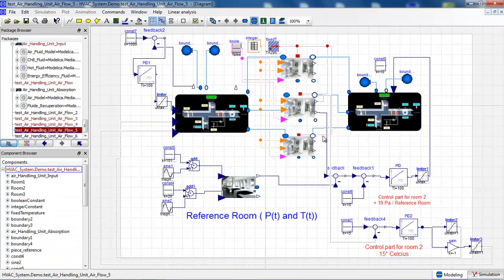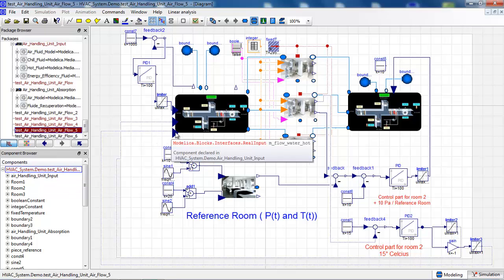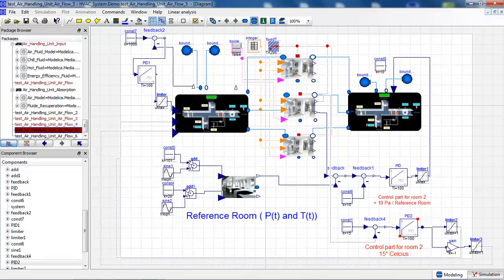We will go a step further now, and we want to add a controller for the water flow here. I use the same PID controller with a gain, and what I want to do is maintain a temperature of 15 degrees Celsius in my room number 2.